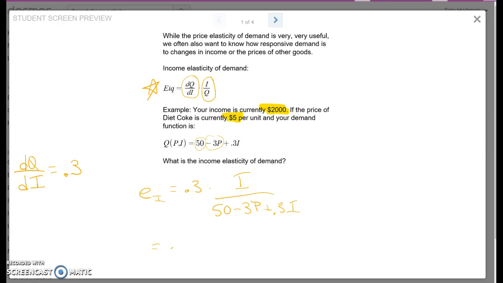So 0.3 times 2,000 over 50 minus 3 times 5 plus 0.3 times 2,000. So 0.3 times 2,000 over 50 minus 15 minus 0.3 times 2,000.